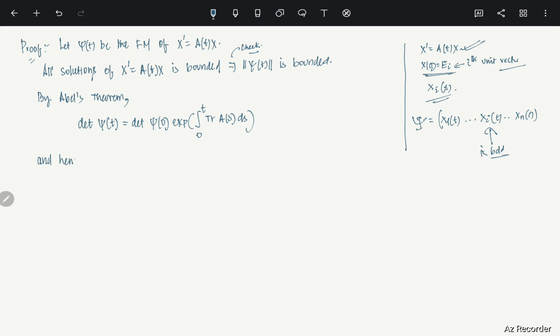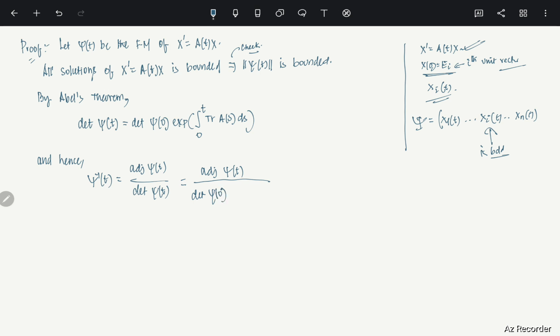And hence, what is phi inverse of t? It is nothing but the adjoint of phi(t) divided by the determinant of phi(t). That's what phi inverse of t is. So this will be the adjoint of phi(t) divided by the determinant of phi(0) times the exponential.